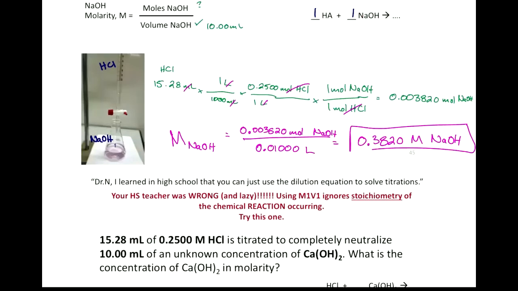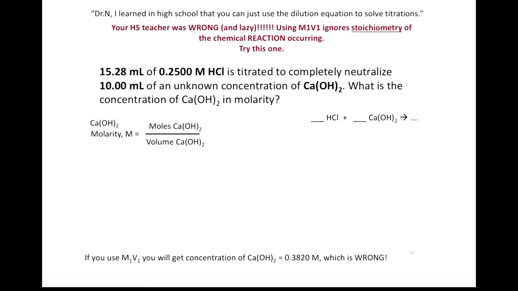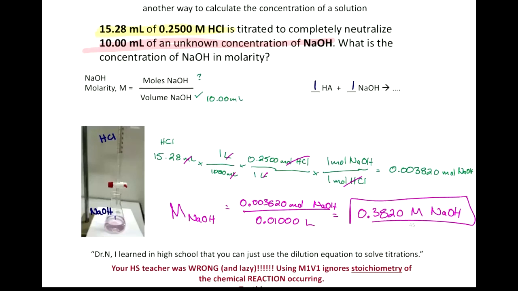So it is not correct to use the dilution equation to do these titration questions, because when you use the dilution equation, you ignore stoichiometry. So let's try this example. Yes, if you do M1V1 on this question, you will get the right answer. But that's because the stoichiometry is a 1-to-1 ratio. That's the only reason why it works out mathematically.